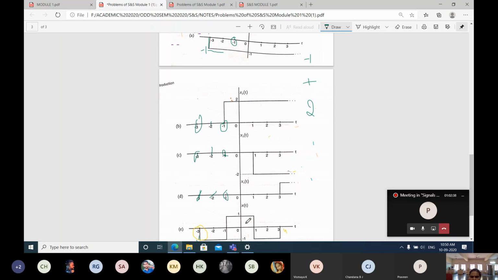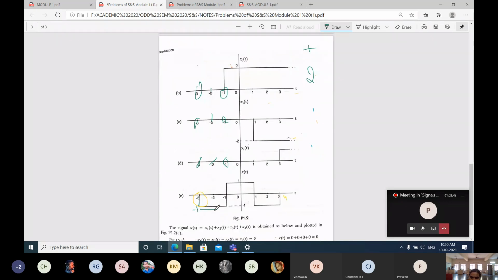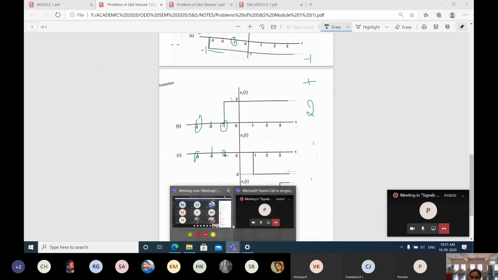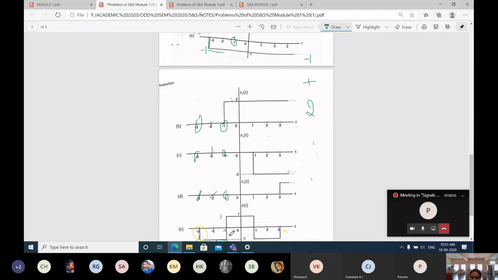Positive value of 1. For that reason, till -1, continue, we will be getting at -1 as 1 value, because -1 plus 2 is 1. For that reason, it is going to be taken upwards and you will be getting positive value of 1.